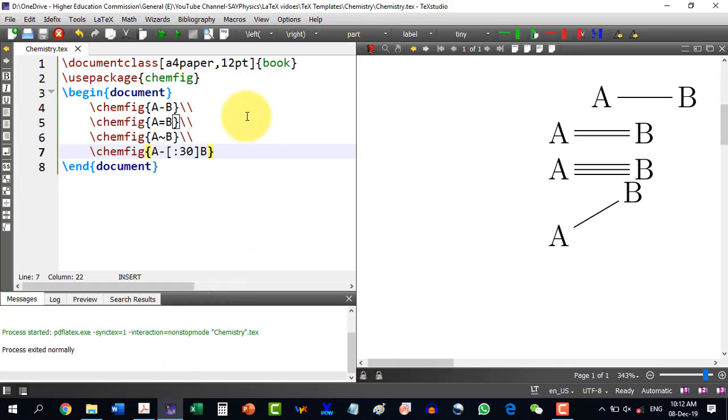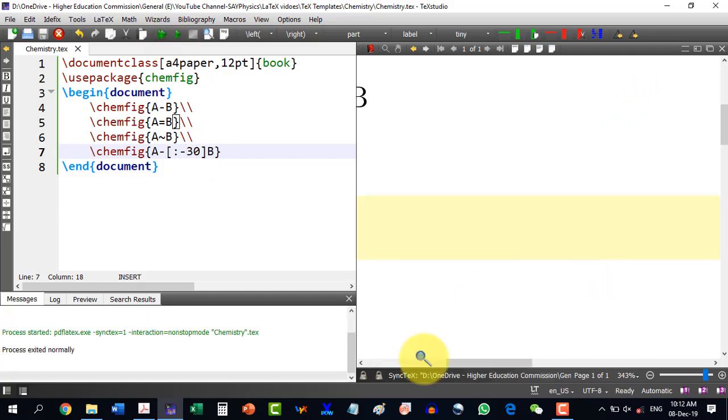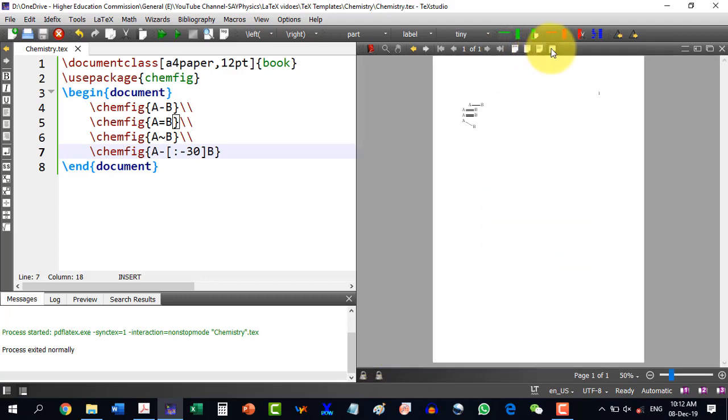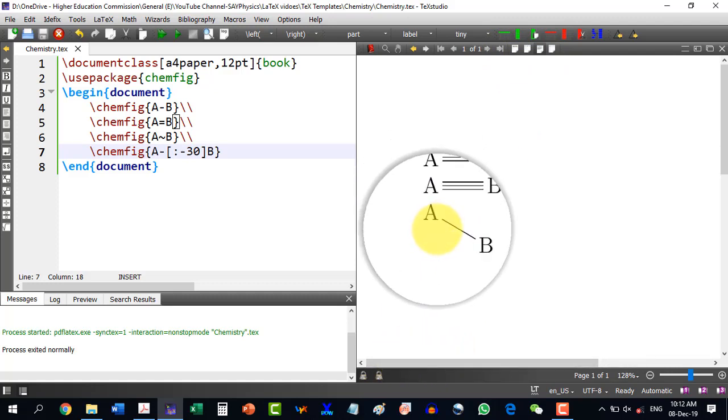So here I will write minus, and it will convert this into minus 30 degrees, and here it is. Now it is minus 30 degrees.